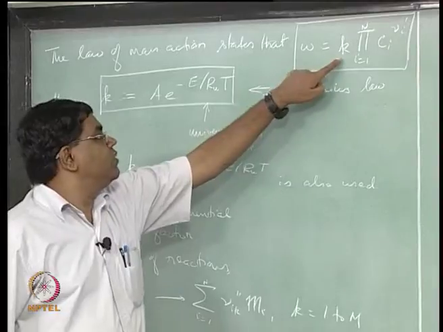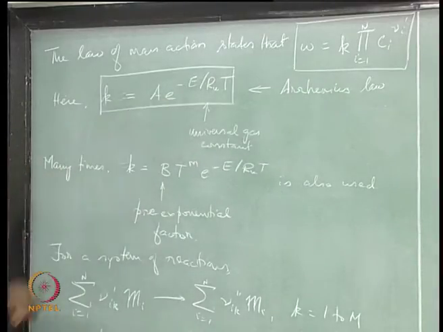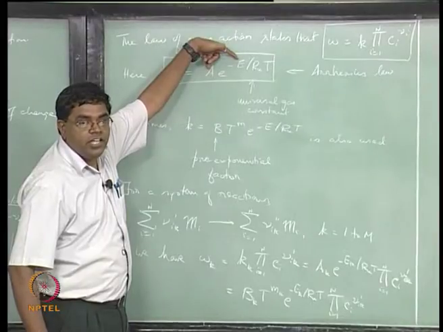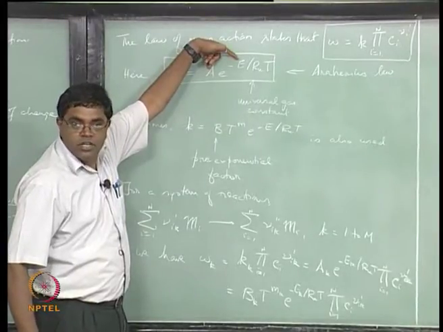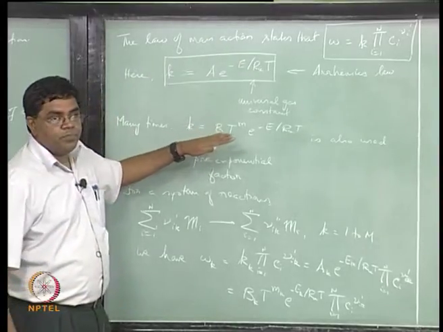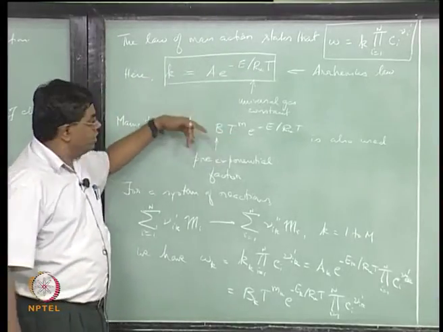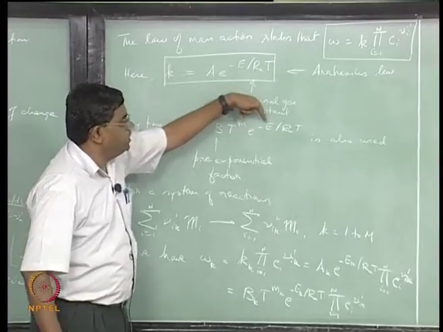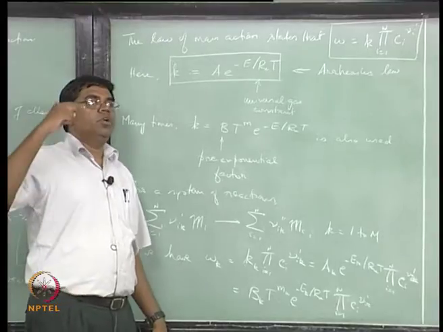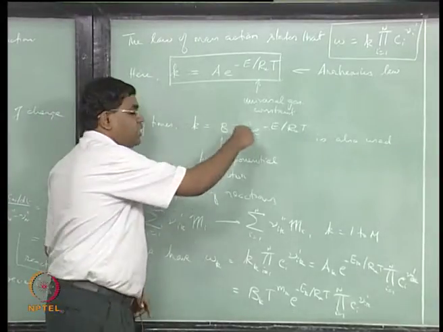That means we need to be supplied with these two values, A and E. Okay, if you now want to further take the polynomial dependence on temperature, then you need to have B, m and E.